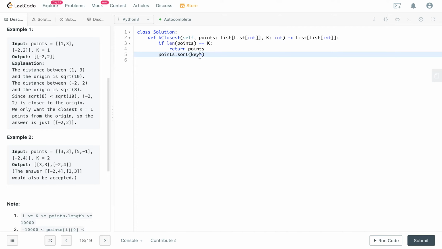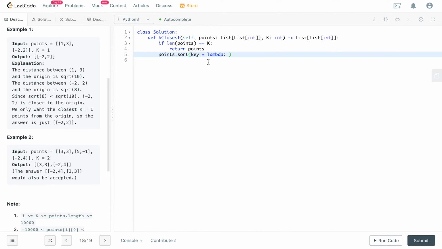So key is the criteria by which you want the list to be sorted, and we can create a lambda function here. If you're not familiar with lambda functions, definitely check that out.